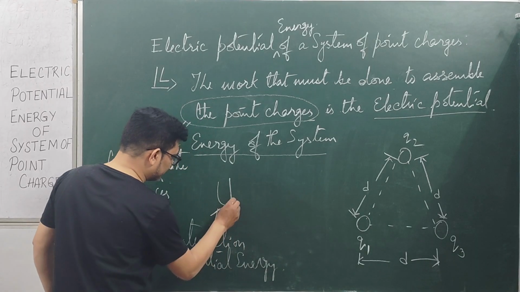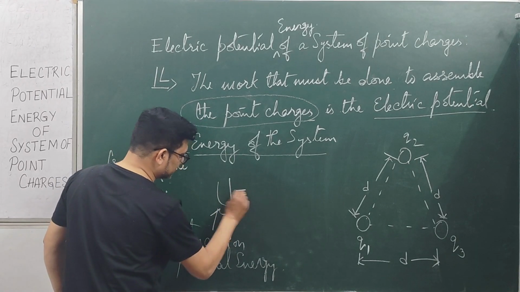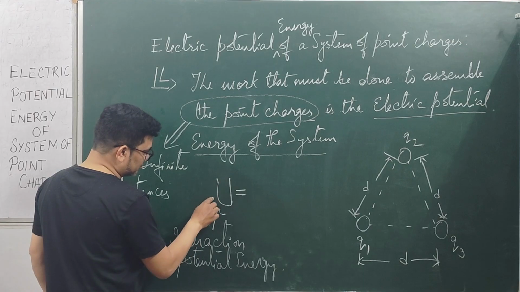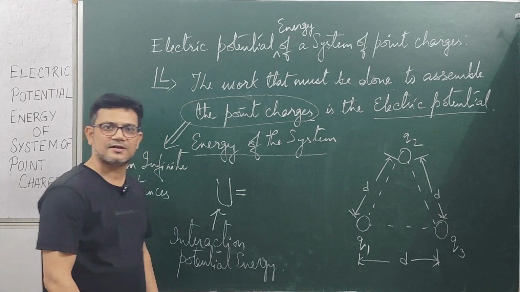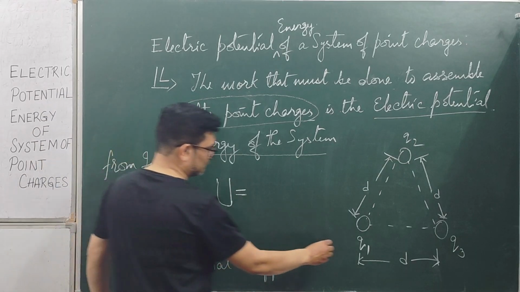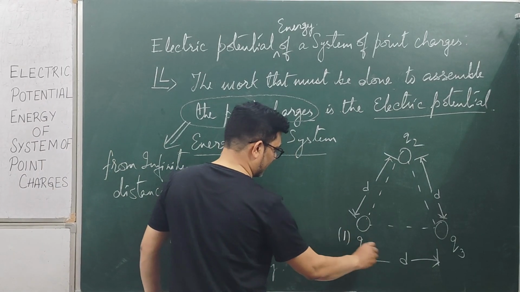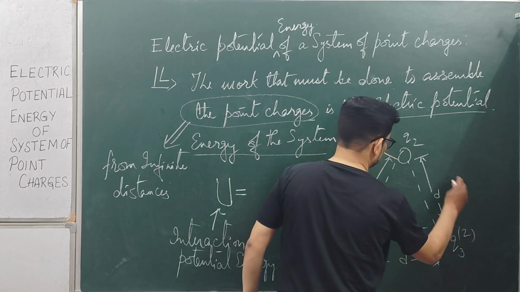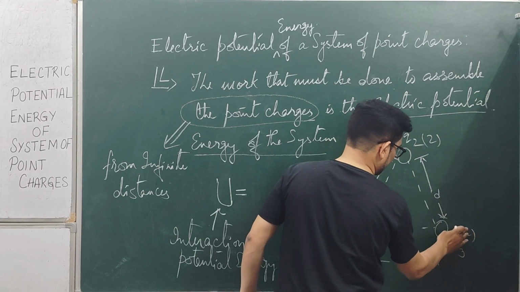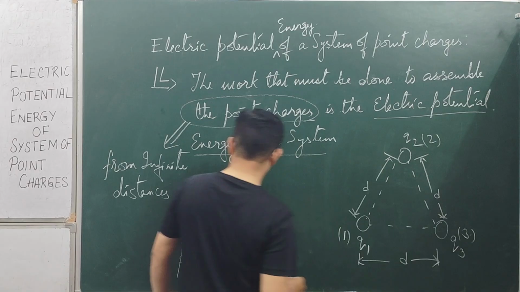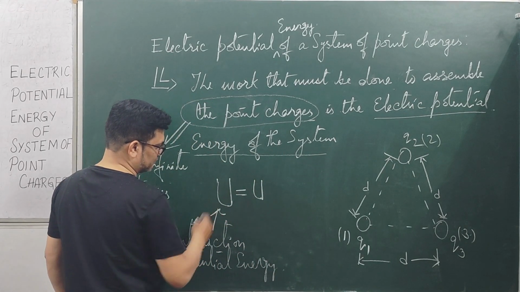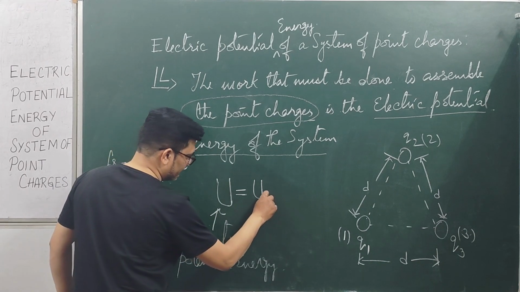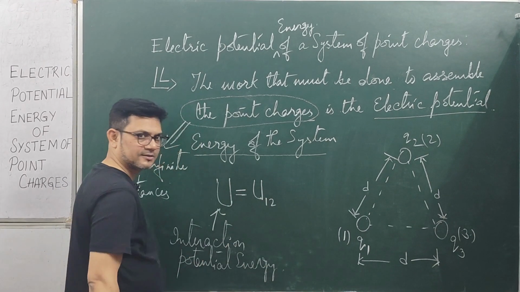So when we talk of interaction potential energy, what we are telling you is the total would be the possible combinations of the interaction potential energy. Suppose we name this charge as 1, this charge as 2, and this charge as 3, then this U, the total interaction potential energy, is the combination of 2 taken at a time.